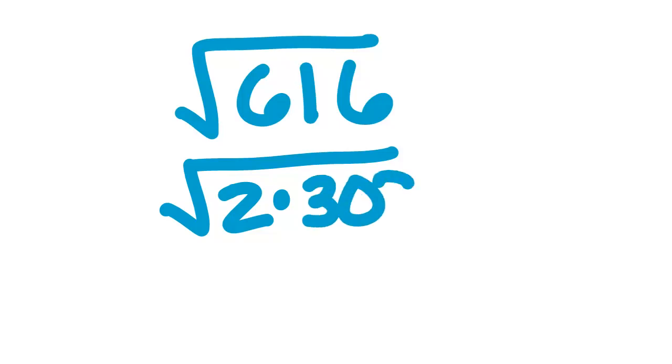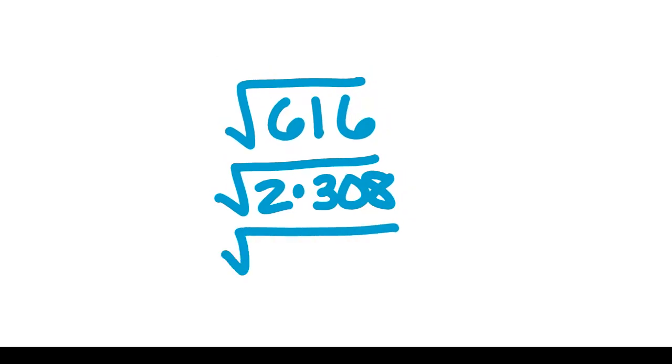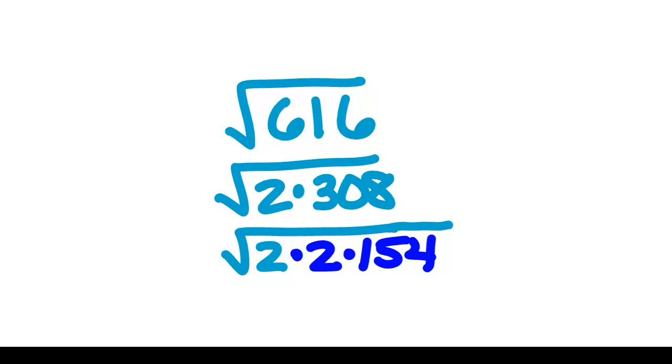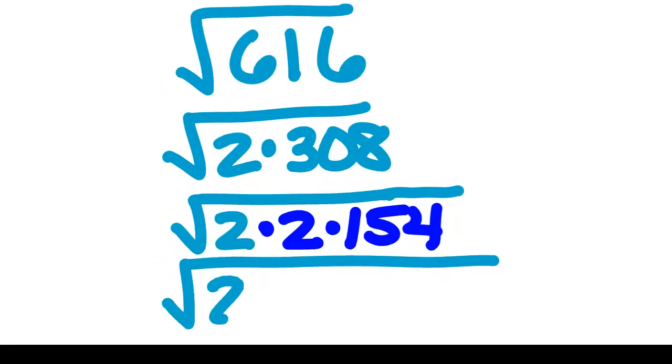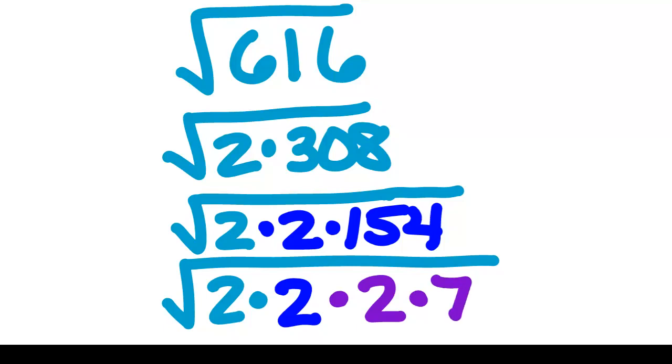What'll go into 308? So I have 2 times 2 times 154. Does anybody know what goes into 154? 2 again. So 2 times 2 times 2 times 77. 2 times 77 is 154.